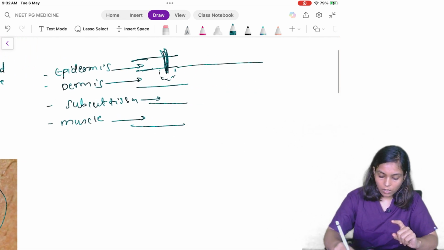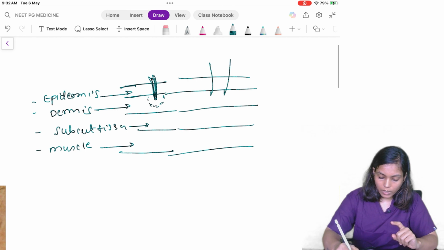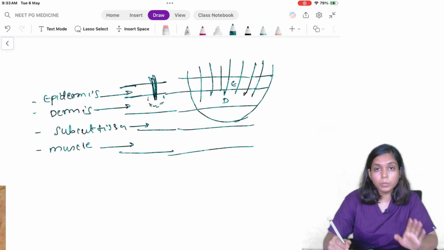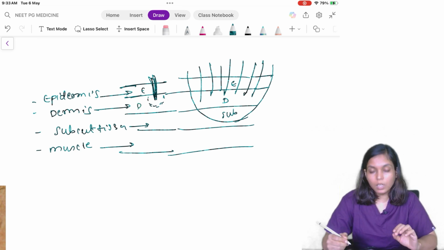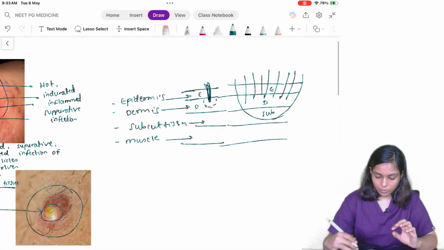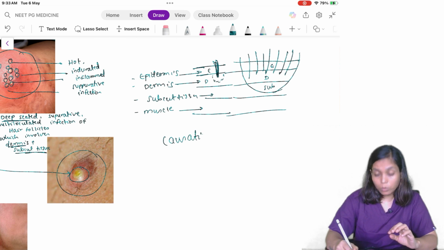But carbuncle involves multiple hair follicles and it involves dermis plus subcutaneous tissue. So all I want to say, involvement of epidermis plus dermis is furuncle and involvement of epidermis, dermis and subcute is carbuncle. So now what is the causative agent of both of them?